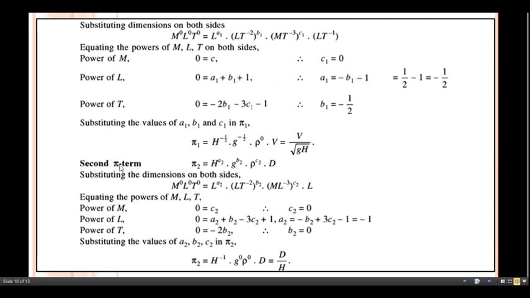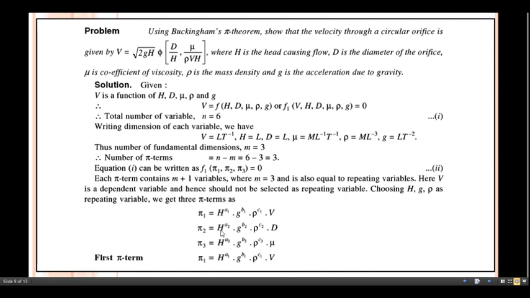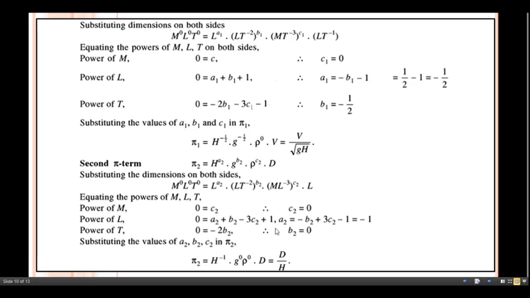Now similarly move towards the next one, the pi2 term. Pi2 is nothing but h into h raised to a2, g raised to b2, rho raised to c2 into d. We start the analysis by putting the dimensions on the left side as well as the right side.